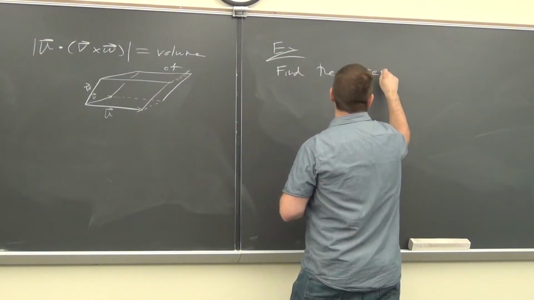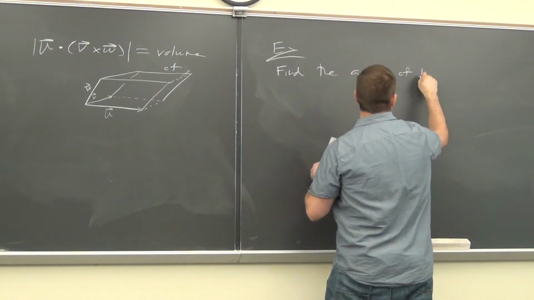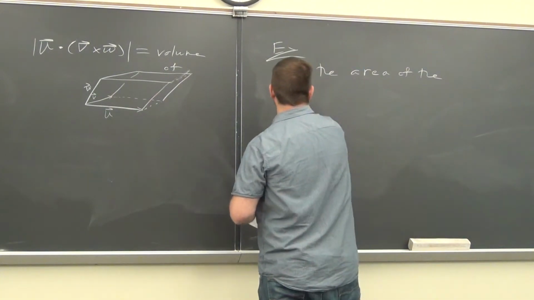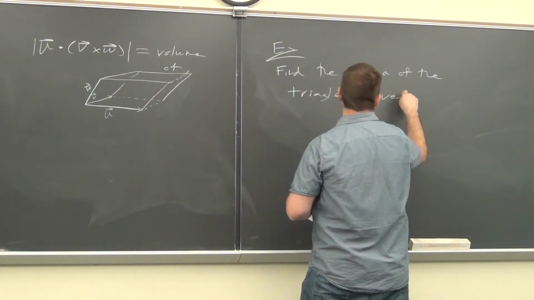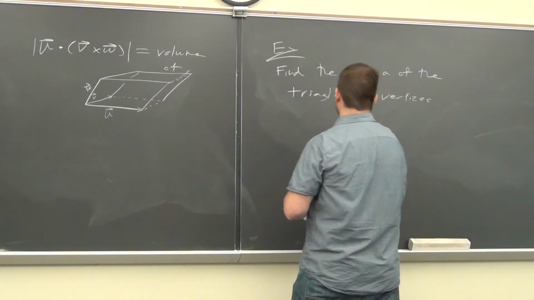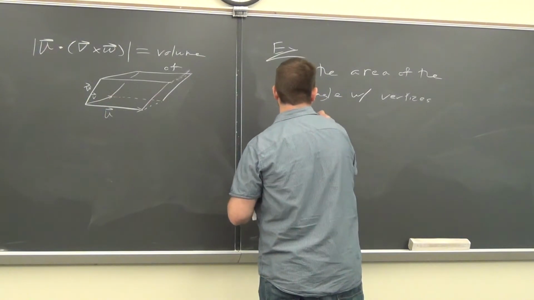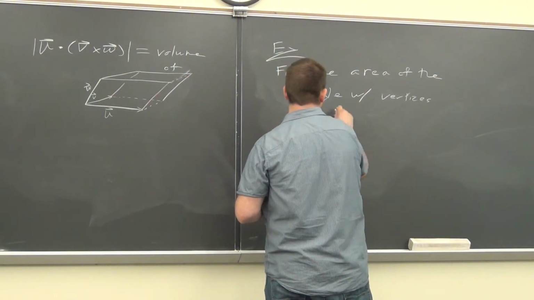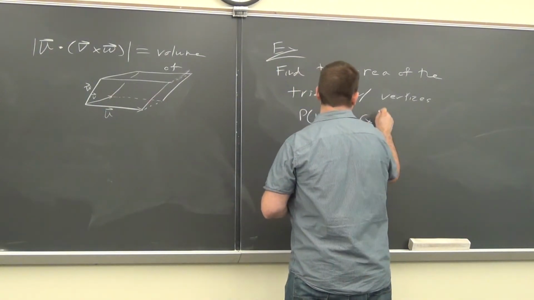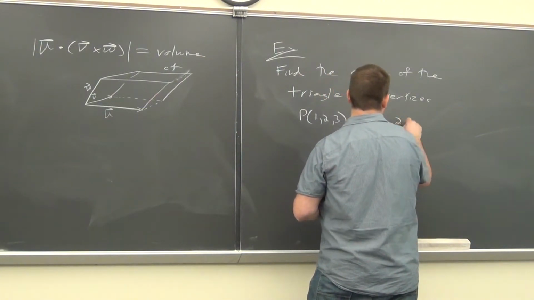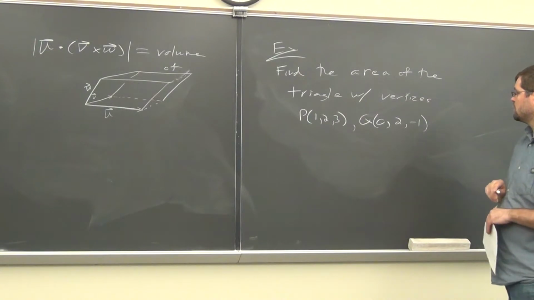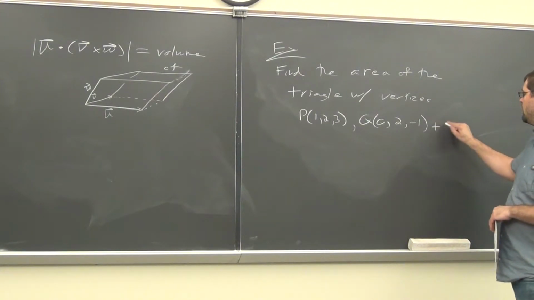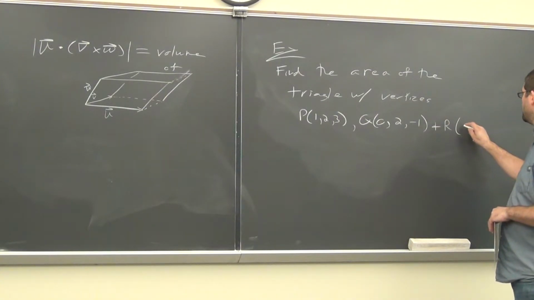The area of the triangle with vertices, I'm just going to name them P, Q, and R.